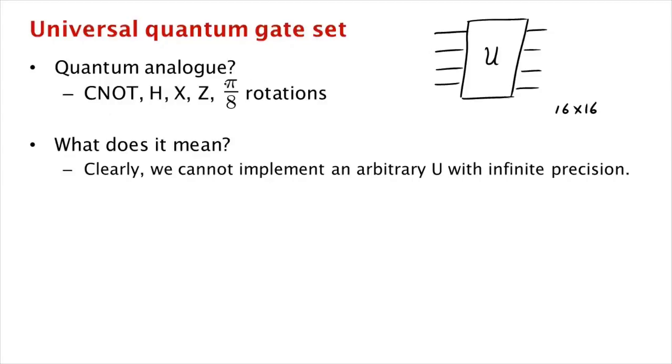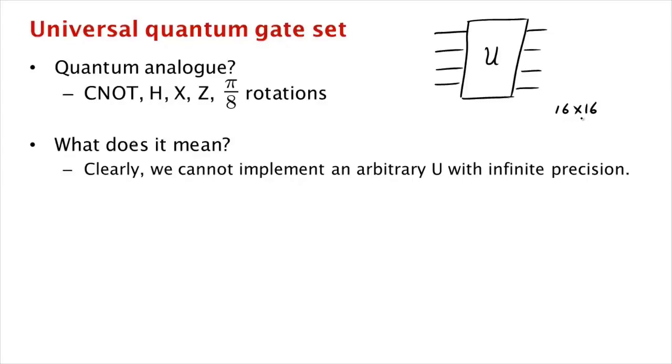And moreover, we'll do it pretty efficiently. Now, there's one problem. We cannot, of course, implement U with perfect precision, because U, after all, is represented by a 16 by 16 complex matrix, and you need infinitely many digits to specify this to perfect precision.